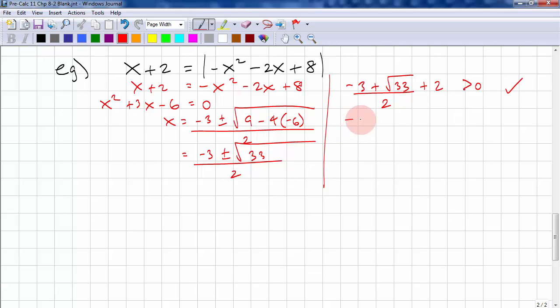For our second solution, we have -3 minus root 33 over 2 plus 2, and we're checking to see if this is greater than 0. It's not greater than 0 because this is bigger than 1, so we have more than -2 here. So this is less than 0, so this is not a solution. Extraneous.